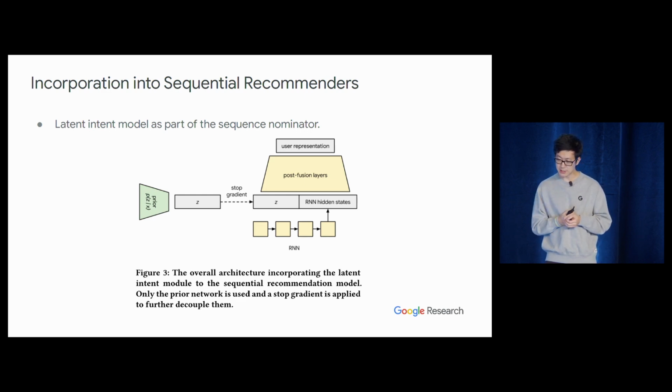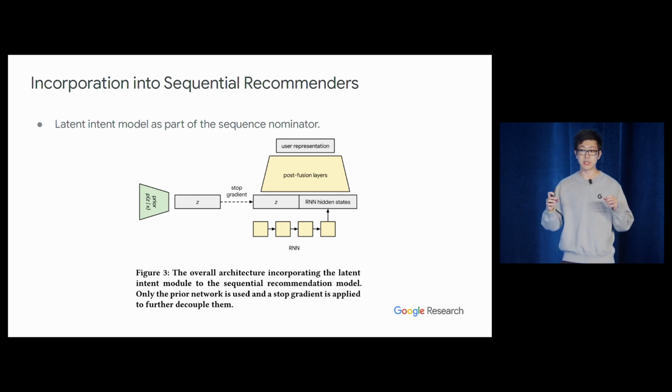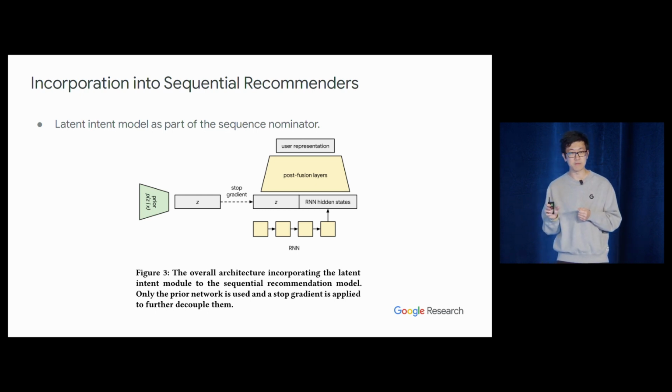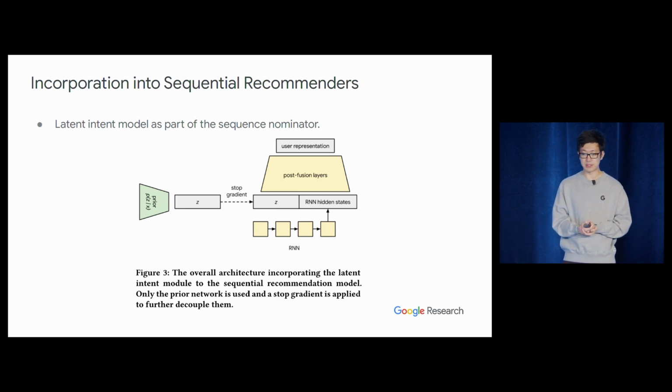In this particular case, we are using an RNN to summarize users' interaction history on the platform. The final hidden state of this RNN is used as part of the user representation. And then together with other contextual information, we pass them through a feed-forward layer, which we call the post-fusion layers. And then that will give us the user representation.